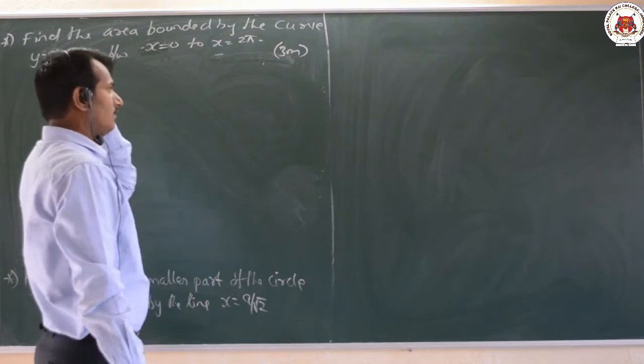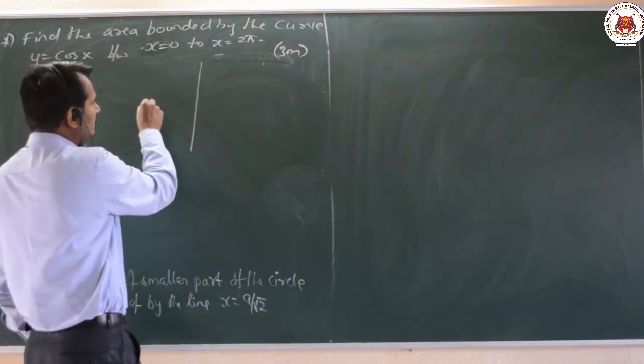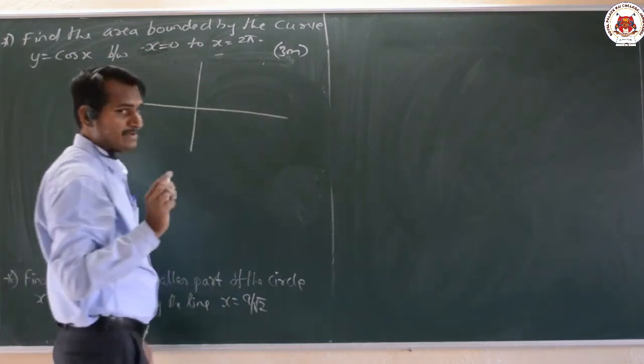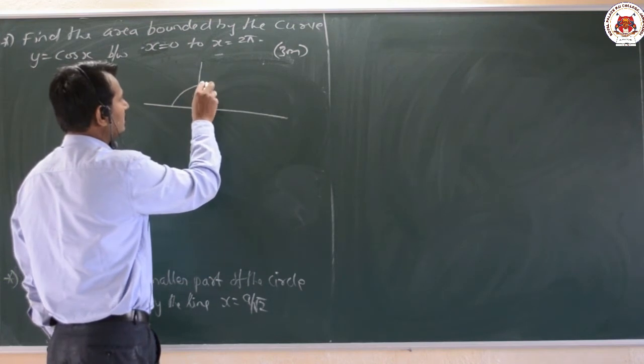Now how to solve it? First of all, we shall draw the graph of cos x, what we had learnt already in the previous sessions. Here cos x passes through 0, that is, cos 0 value will be 1.